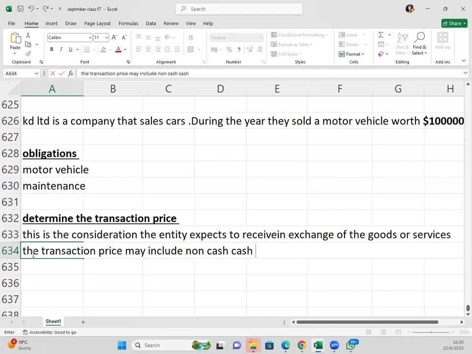Maybe we will pay for share-to-share exchange, non-cash consideration. That is what we are going to receive. It could be cash, it could be non-cash consideration, it could be variable consideration.